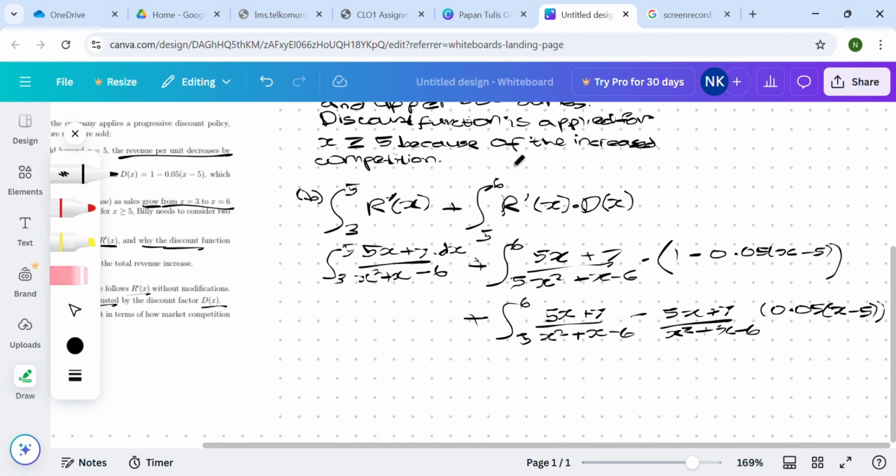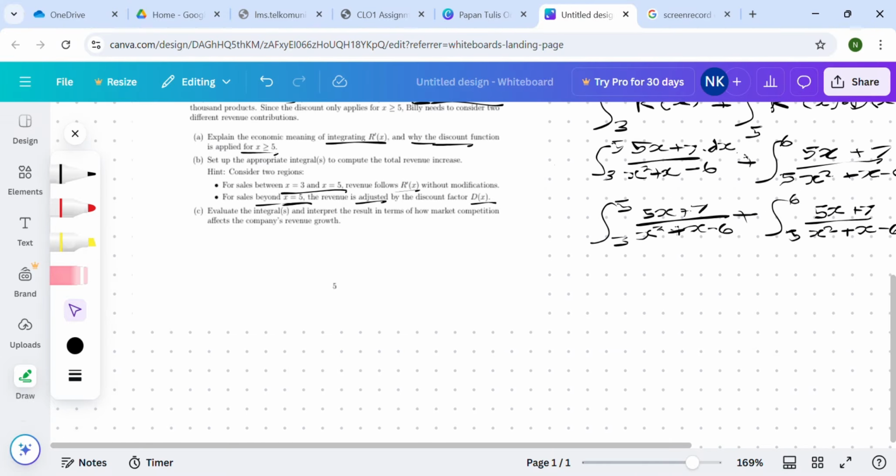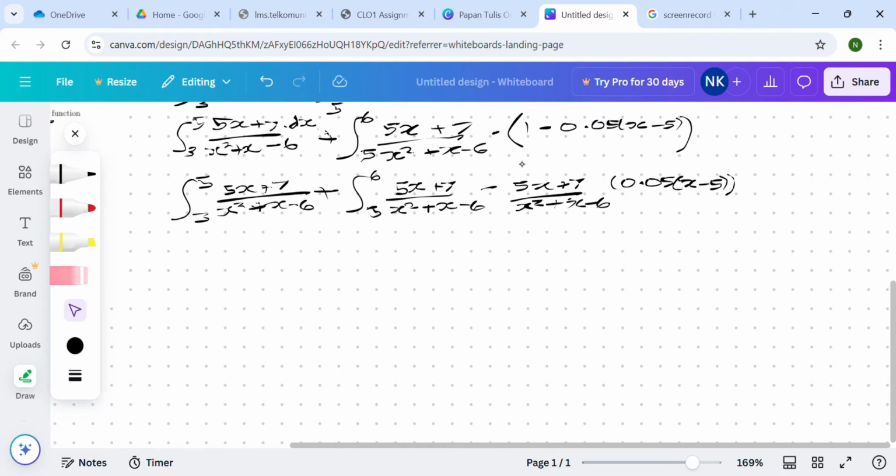Good. This should stay the same. This is the final model for the integral.